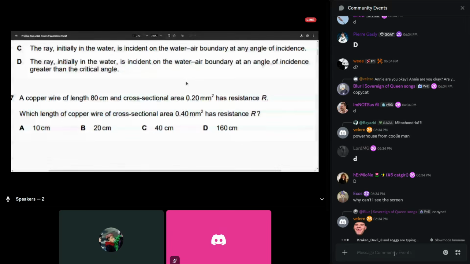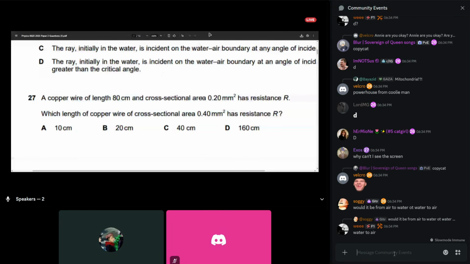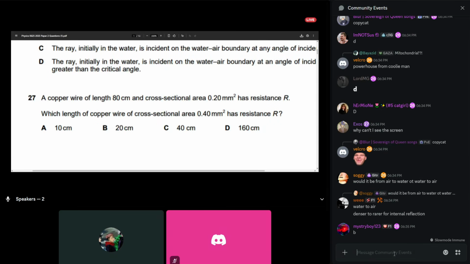Okay. Which length of copper wire of this cross section area has a resistance R? This is extremely simple. So what is this one?